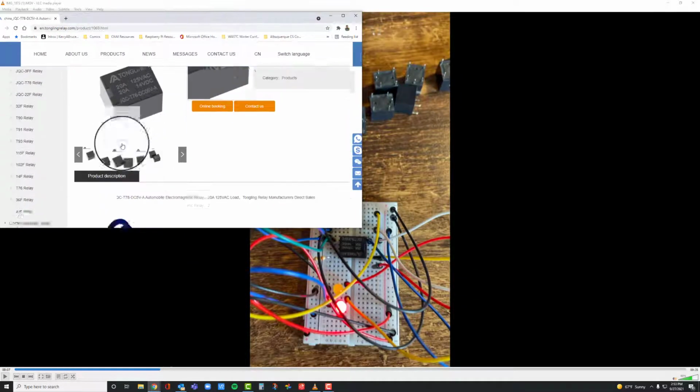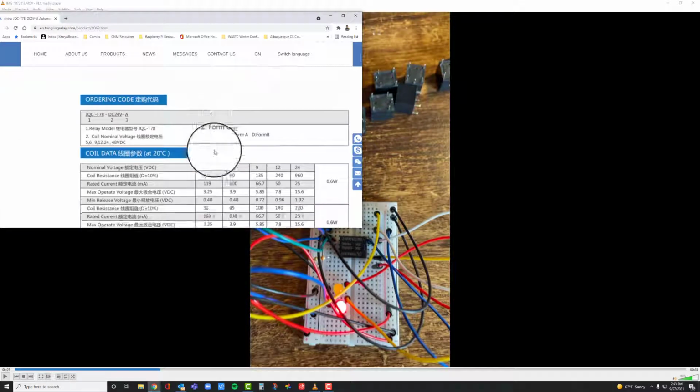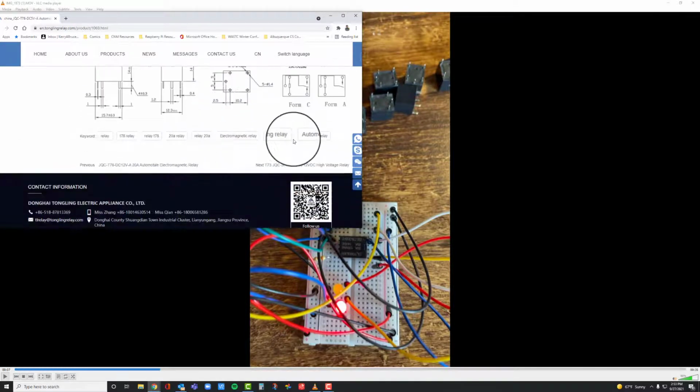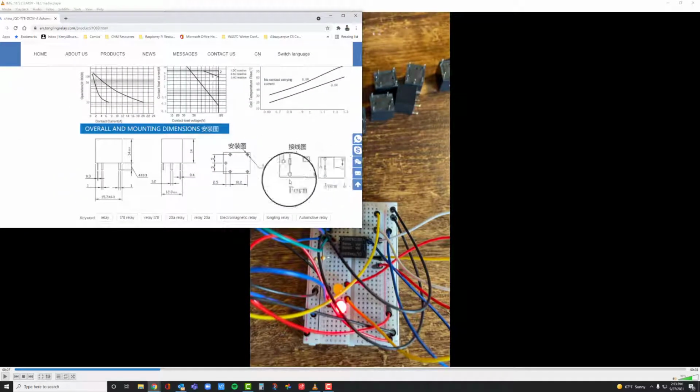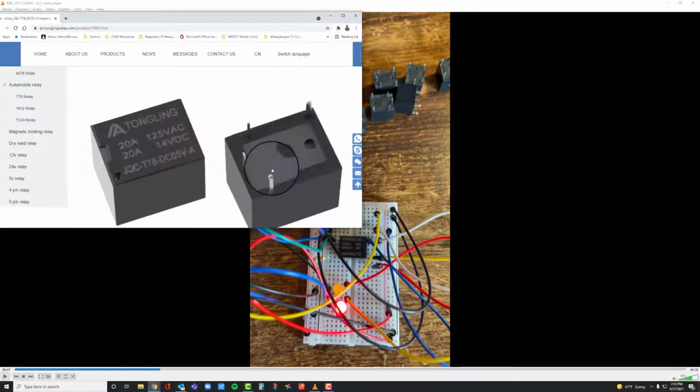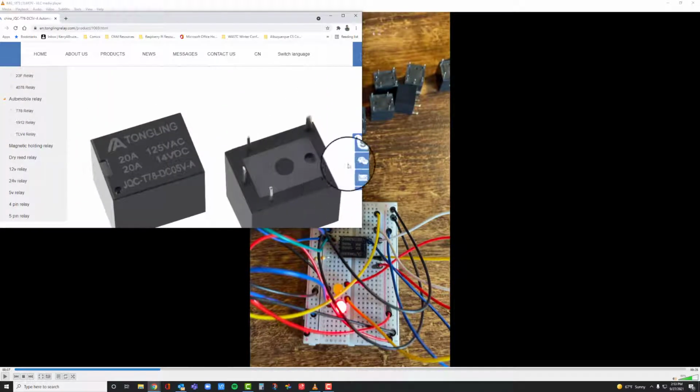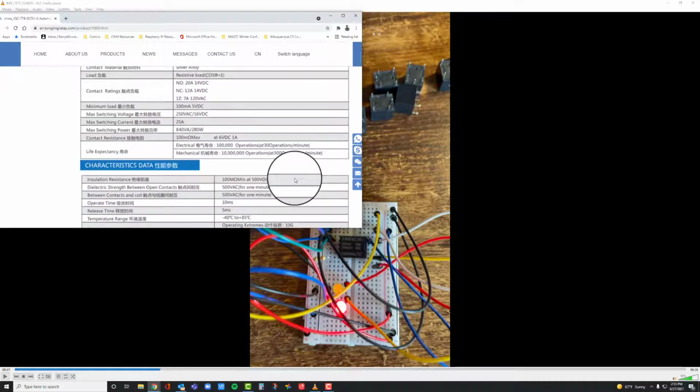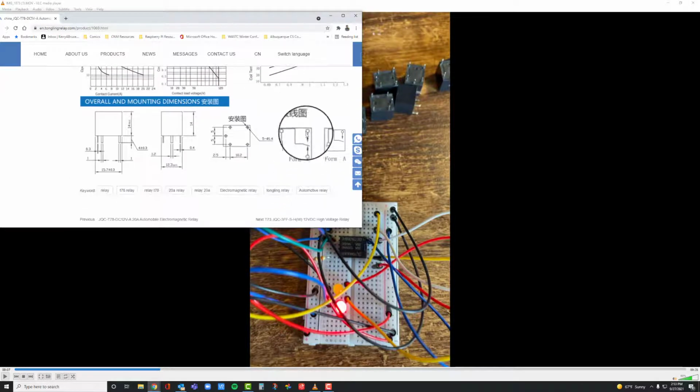So what I wanted to do now is slide down to find that same graphic. Here's that same graphic, okay? And I believe if you look at this, Form A is missing a pin. So Form A is missing a pin here, and you've got pins on both sides. So you have Form C, which, if we look at the graphic, has both pieces.